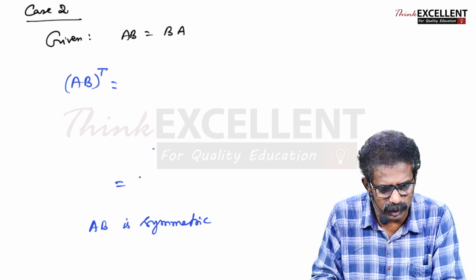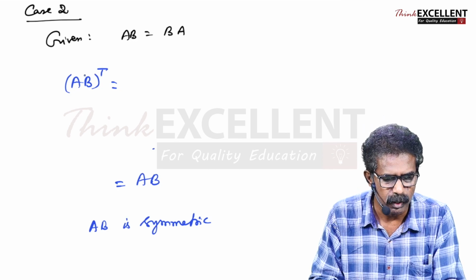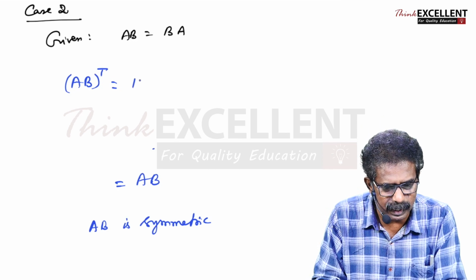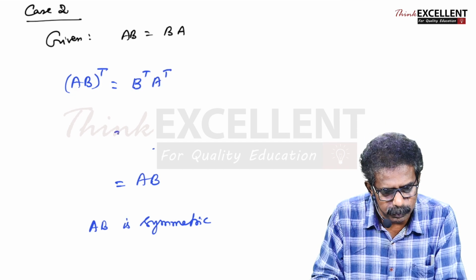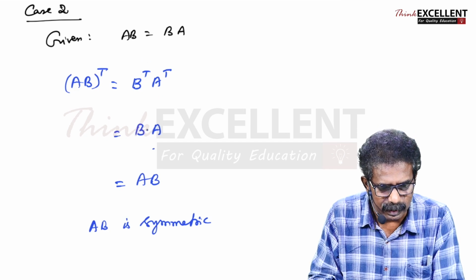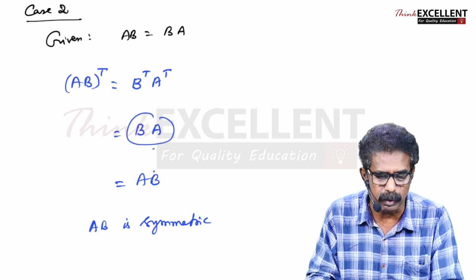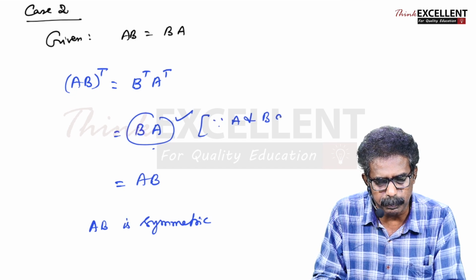You have to get AB. AB transpose equal to AB. If you get, you say AB is what? Symmetric. What is AB transpose? B transpose into A transpose. B transpose is same as B. A transpose is same as what? A. Because now this BA can be written as what? AB. Why? How we are getting this step? Because in the question they said A and B are what? Symmetric.